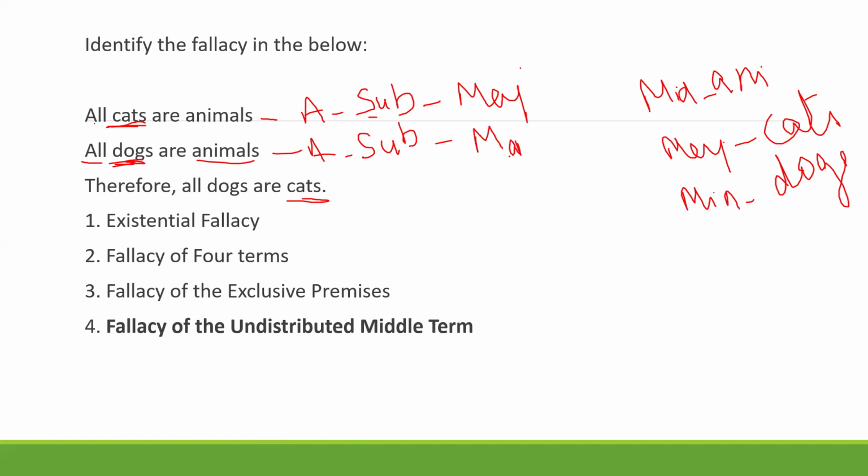So in this line the major is distributed, here the minor is distributed. The middle term is not distributed in any one of the premises. So my answer will be the fallacy of the undistributed middle term. This is the answer. So we are just going to check whether the middle term is distributed or not. It depends on the table, and depends on this, that we are going to check. Okay.